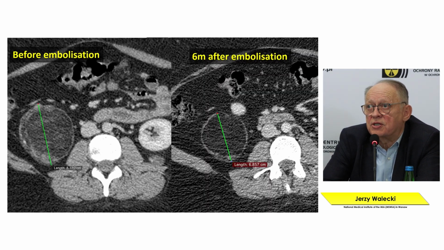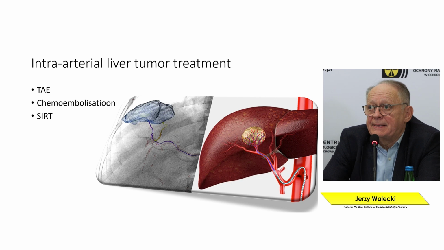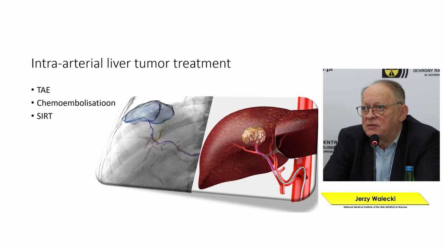The tumor was bleeding, and after the treatment it was excluded from circulation. Treatment of liver tumor, the same principle is applied. We are identifying the focus. You can see the SIRT acronym, so isotopes are administered into the tumor.